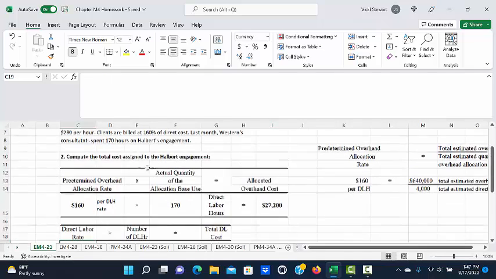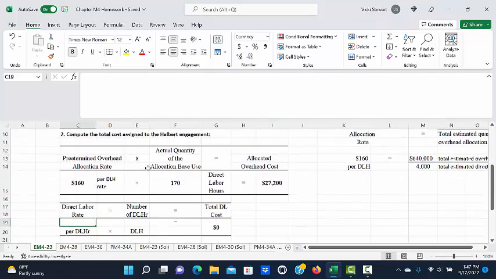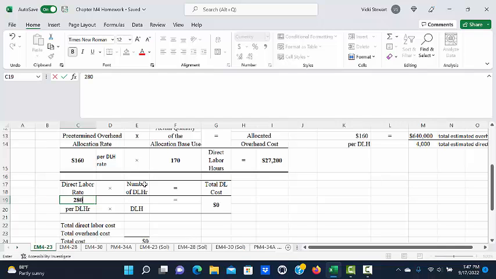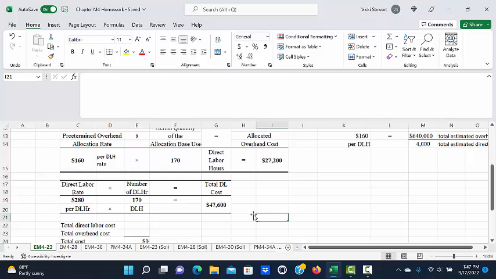The direct labor rate was $280 per hour, and the number of direct labor hours worked on the Halbert engagement was 170. So the total direct labor cost was $47,600.